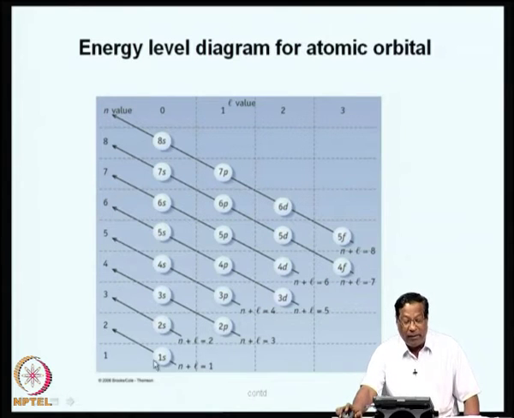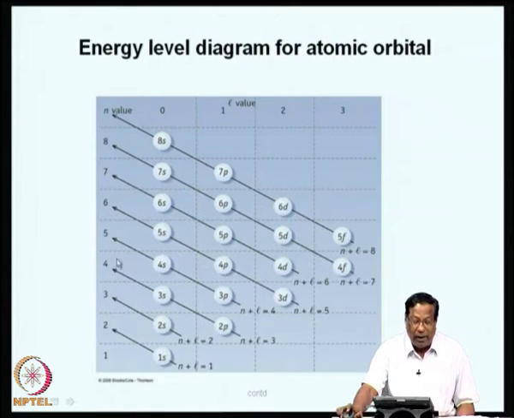We can imagine it like this: first is 1s, and then 2s, and then 2p, 3s, and then 3p, 4s, 3d, 4p, 5s. Like that, we can have electrons filled for each element, where the atomic number increases by 1 unit and the electrons also increase by 1.